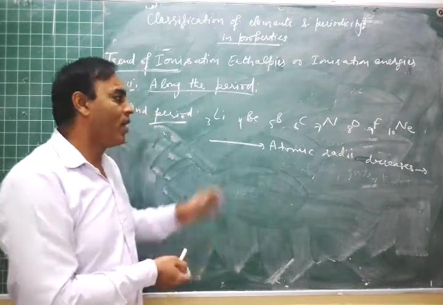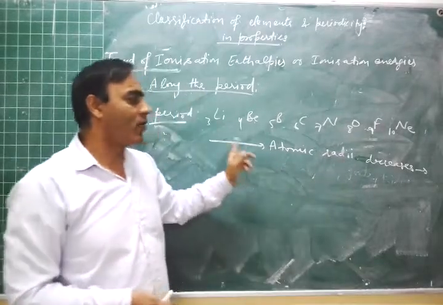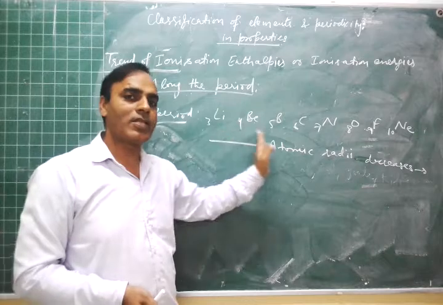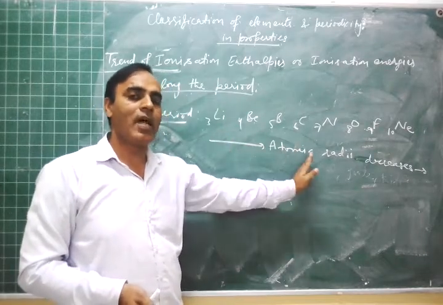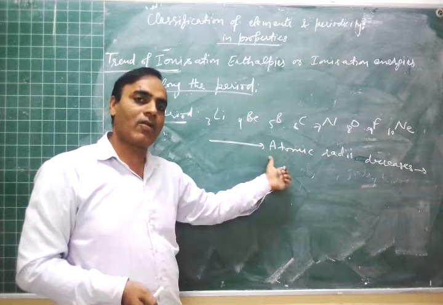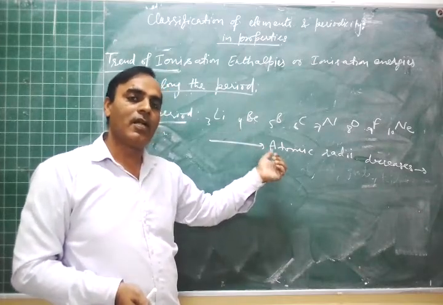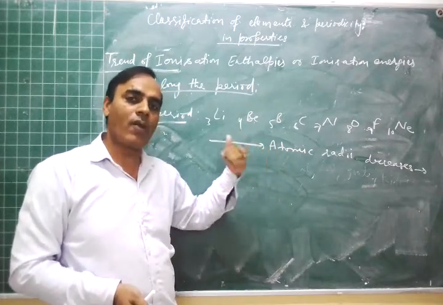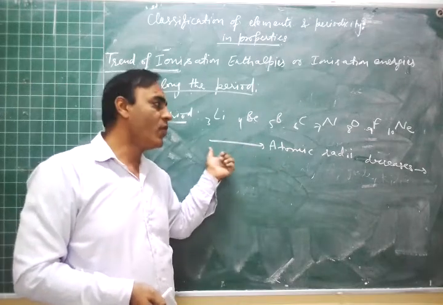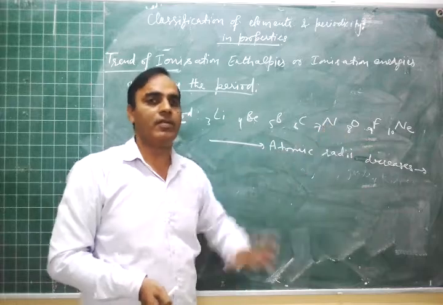So as we move along this period, the atomic radii decreases, that is, the distance between nucleus and the last shell electrons decreases, and due to this the force of attraction between nucleus and the last shell electrons increases, and due to this more energy is required to remove the last shell electrons as we move along this period.